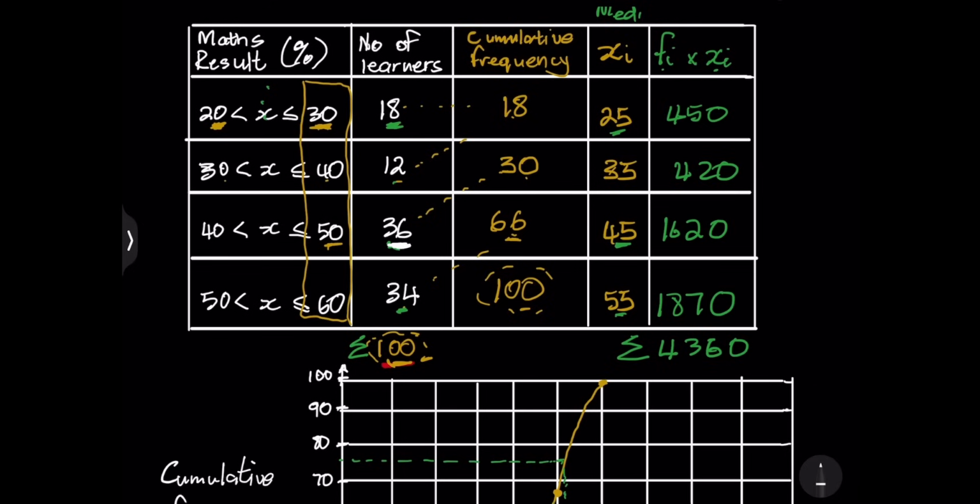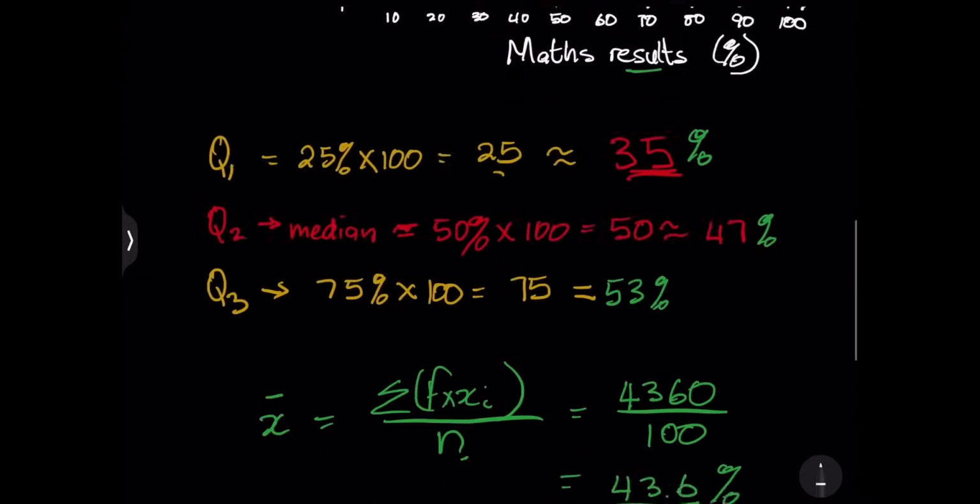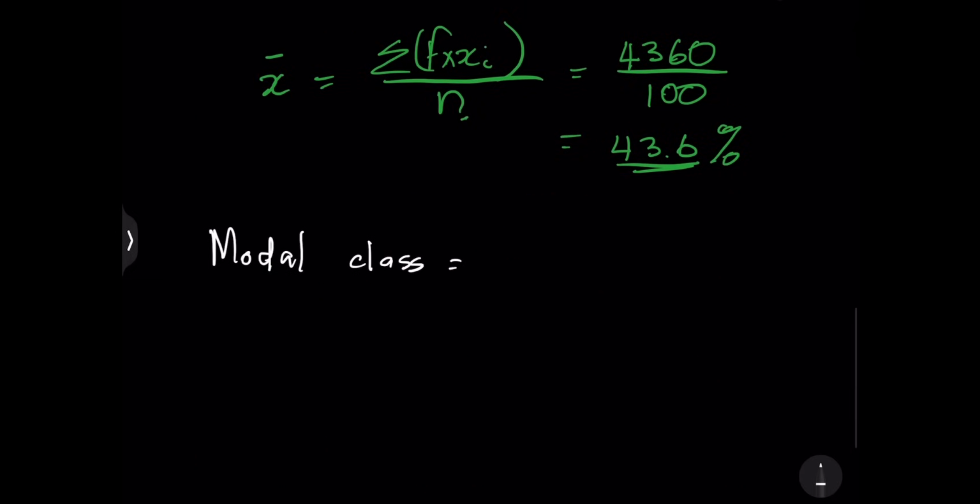And where are those learners appearing? In the class between 40 and 50. So our modal class is x less than or equal to 50 but greater than 40.